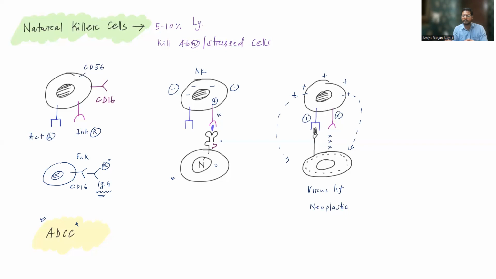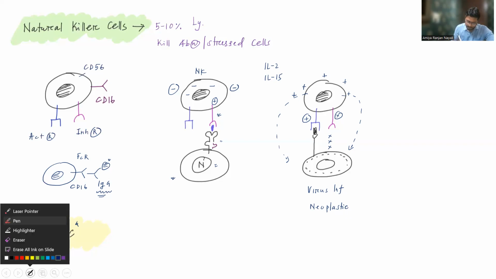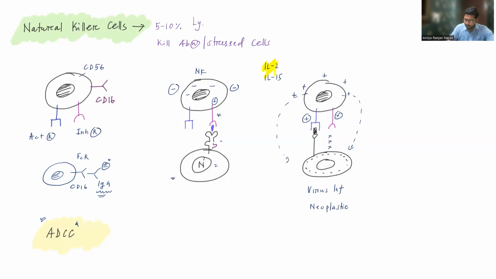Okay. In this process, there are various cytokines that are involved, like interleukin 2 and interleukin 15. Interleukin 2 and 15 help in proliferation of these NK cells.